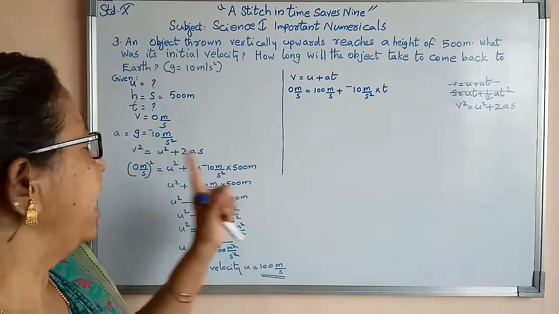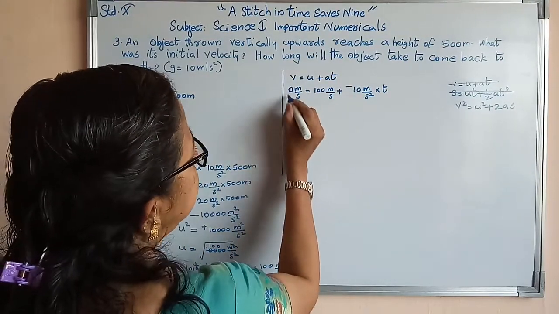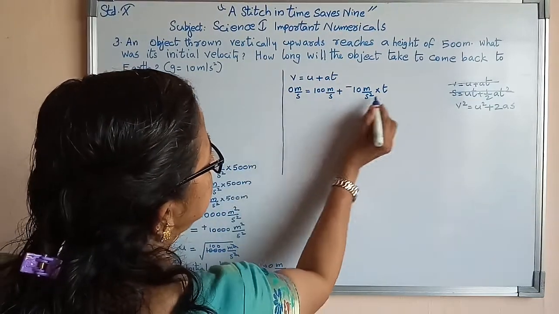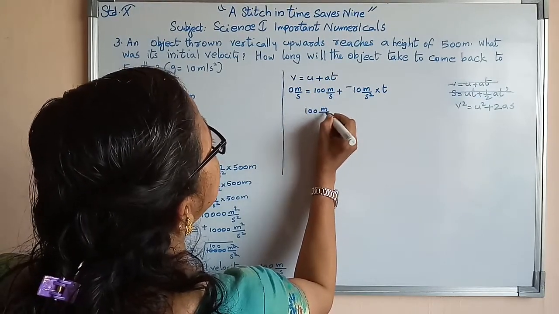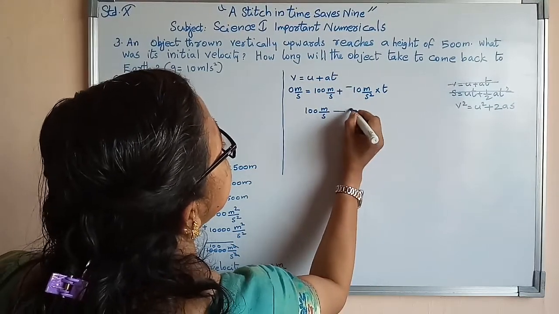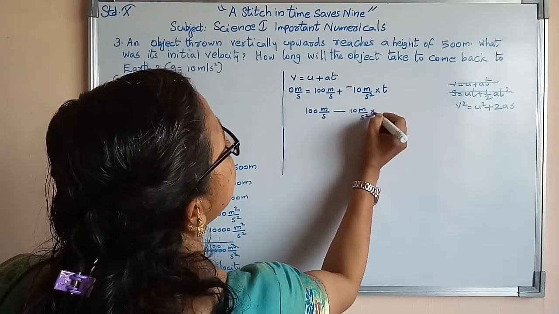Value of a as well as value of g is same. Now here this particular part we can avoid, because the value is 0. Now this particular part we will write again: 100 meter per second, plus into minus, minus 10 meter per second square into t.